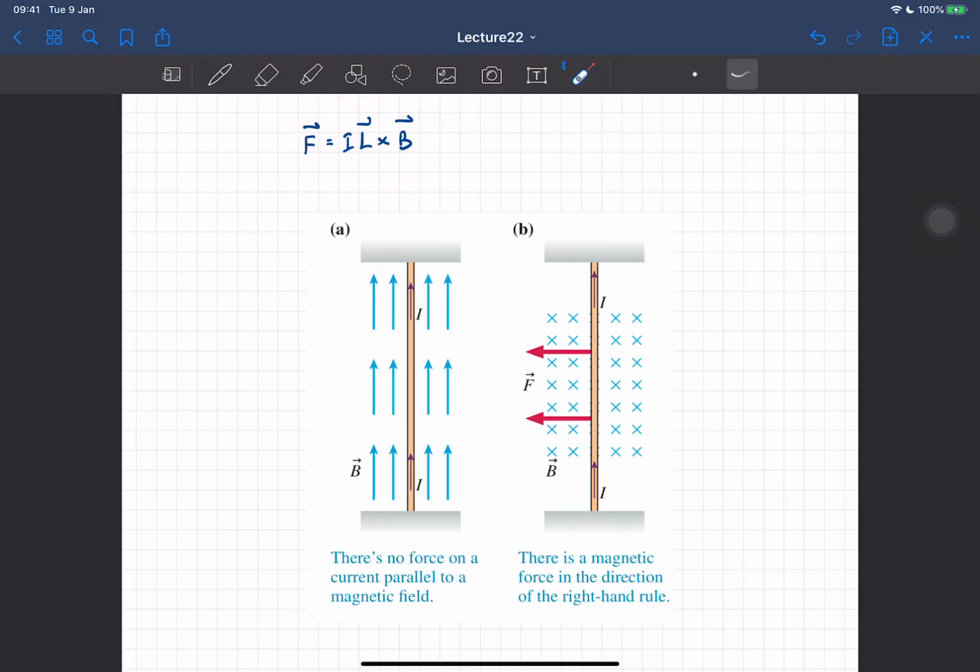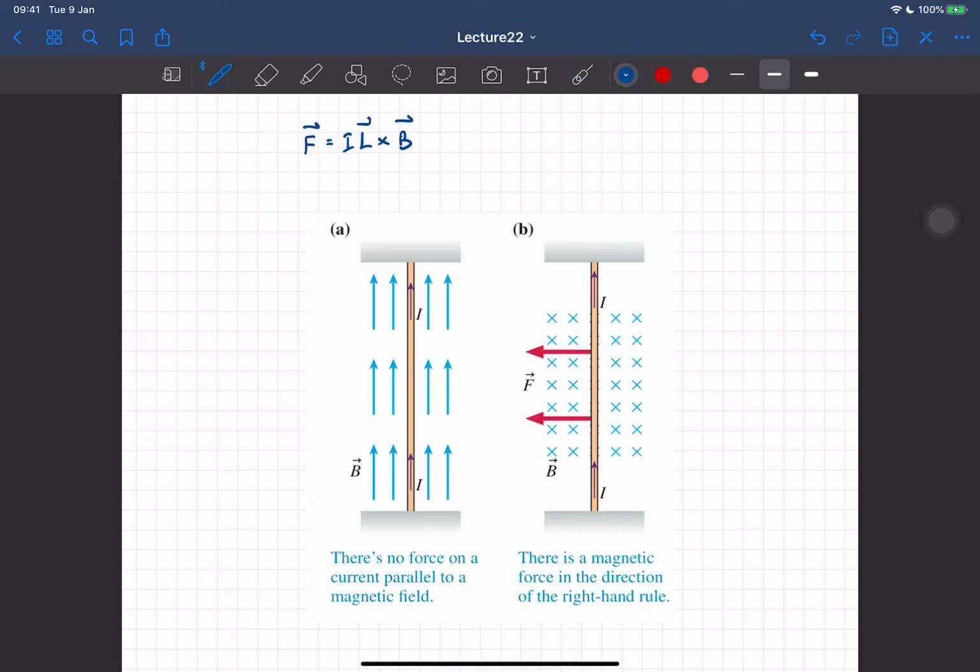Okay, so if you have the wire going up and the magnetic field also going up, so the magnetic field and L point in the same direction. So L points in the same direction as the current. So the cross product will be 0 for A here.